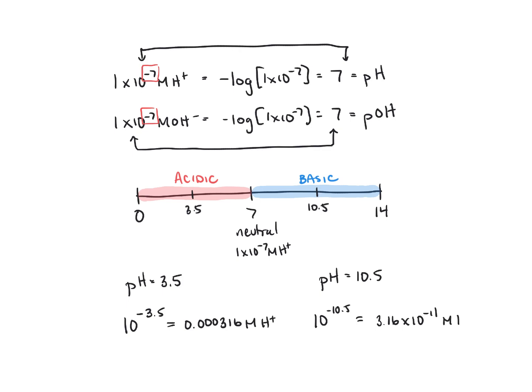Anything with a stronger concentration, so this number is larger than 1 times 10 to the negative 7th, and this one is smaller than 1 times 10 to the negative 7th. So this is going to be considered acidic, and this is going to be considered basic.